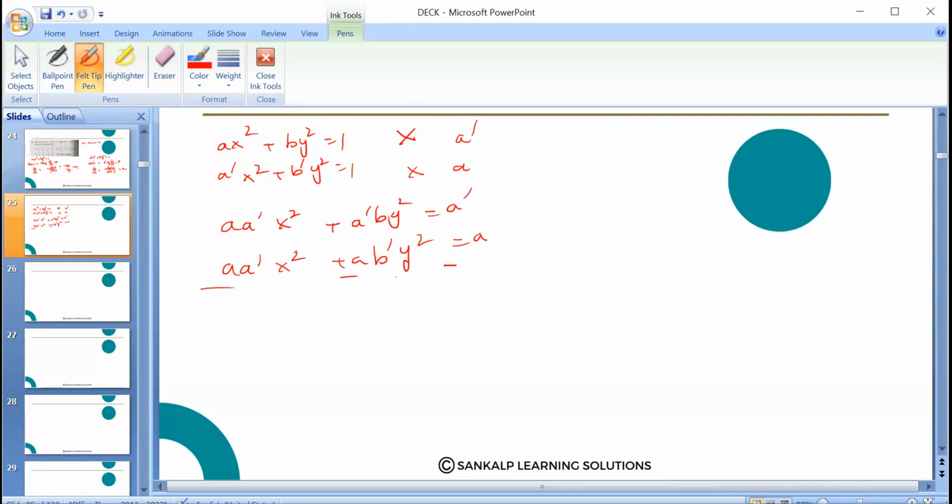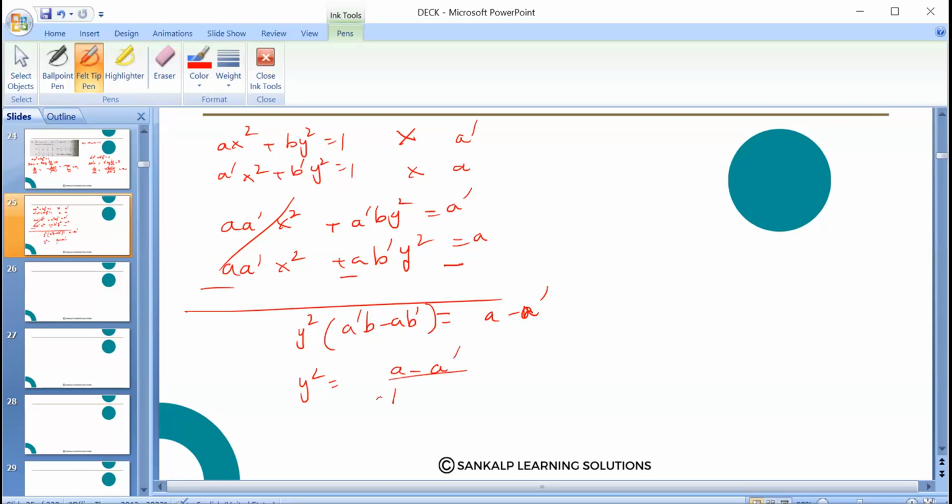Now subtract both the equations. So y square into a dash b minus a b dash equal to a minus a dash. Y square will be a minus a dash by a dash b minus a b dash. Or y will be the square root of a minus a dash by a dash b minus a b dash.